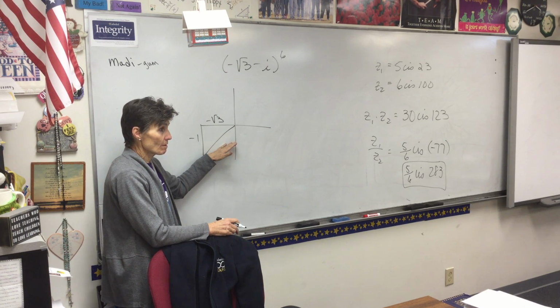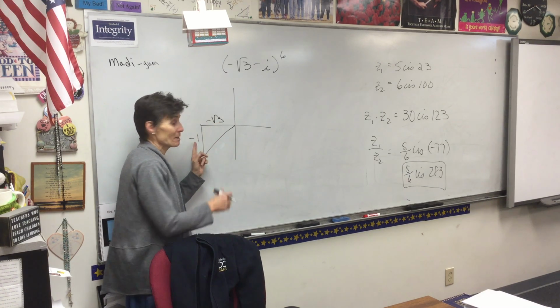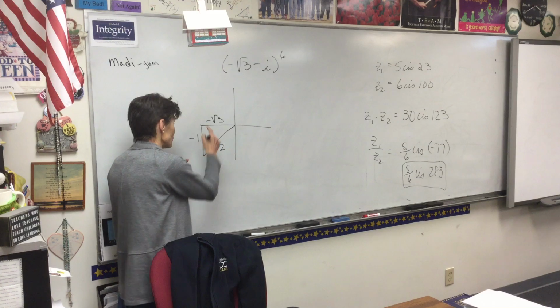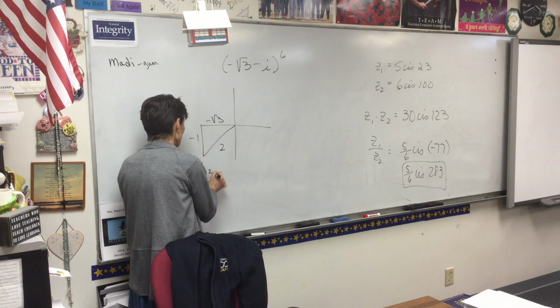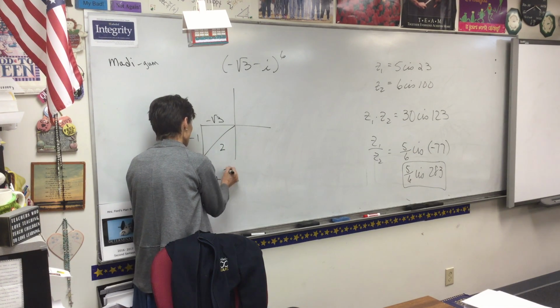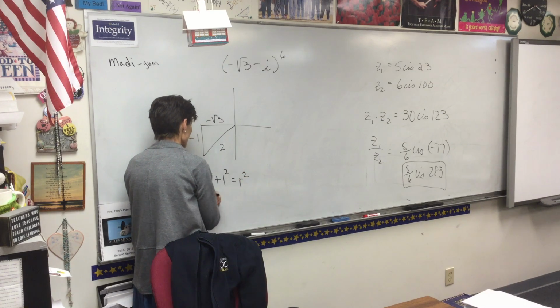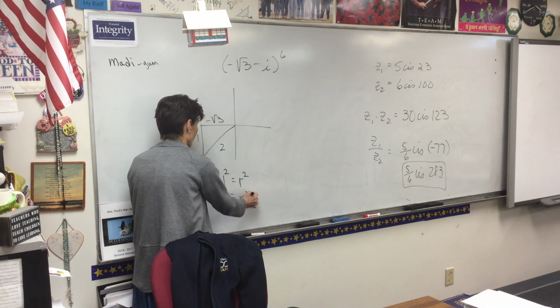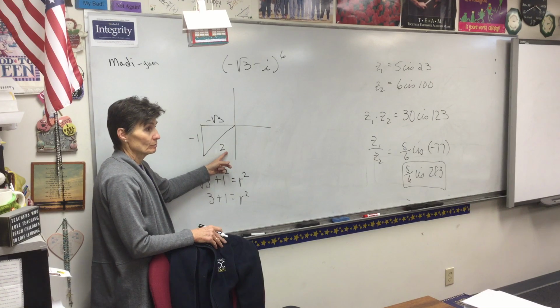So how do we find r? 2. Well, you might look at these numbers and just know it's 2, but you can do the Pythagorean theorem. Root 3 squared plus 1 squared equals what? Well, 3 plus 1 is 4, right? So that's going to be 2.